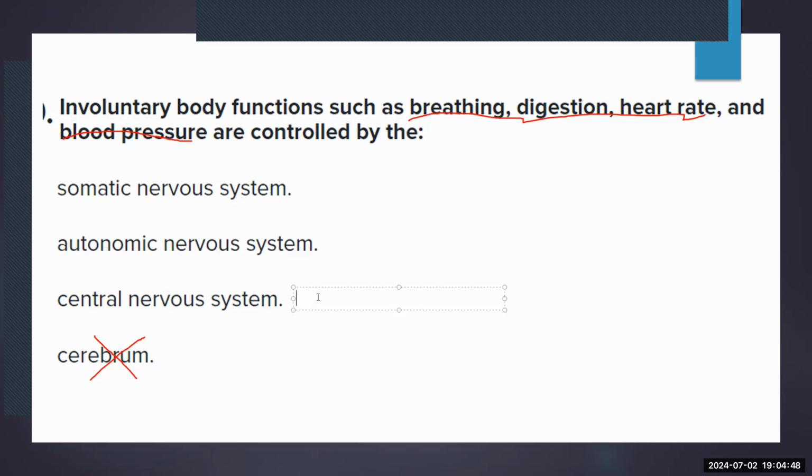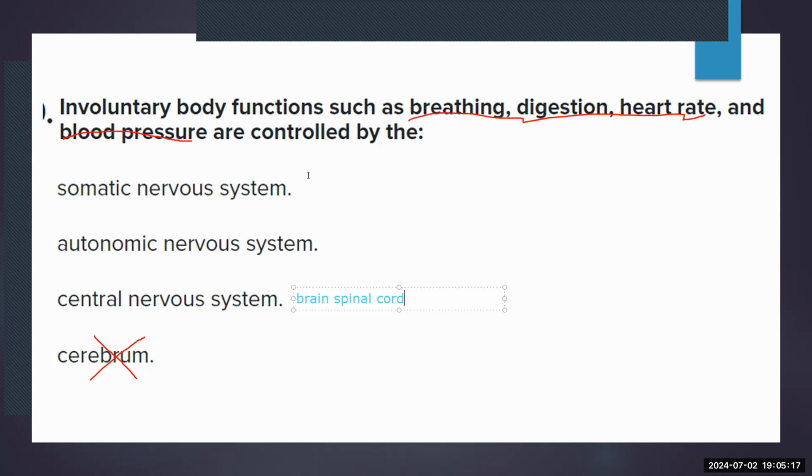Our central nervous system is going to be your brain and your spinal cord. Your spinal cord runs up and down the middle part of your body, and the brain is your central part, where everything returns at the end.